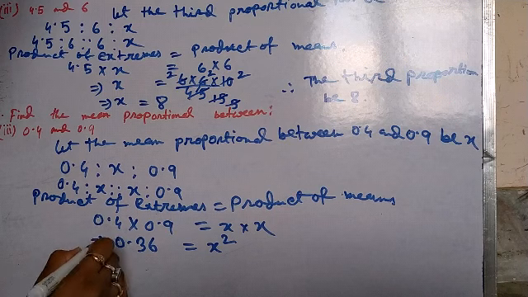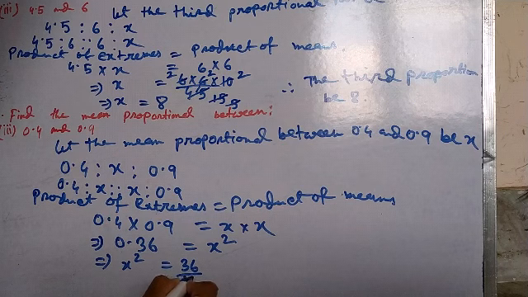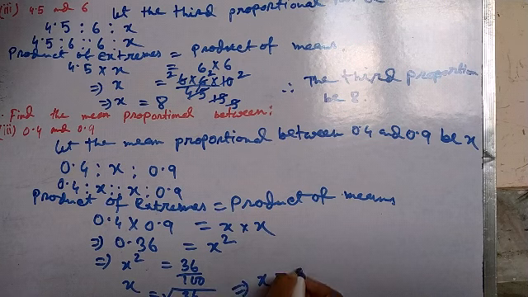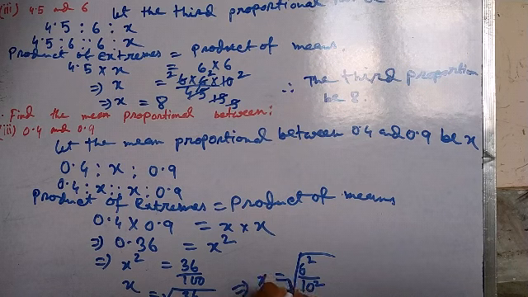Next it can be written as x squared equal to 36 by 100. Then x equal to root over 36 by 100, which implies x equal to 6 square by 10 square inside the root. So the answer will be x equal to 6 by 10.